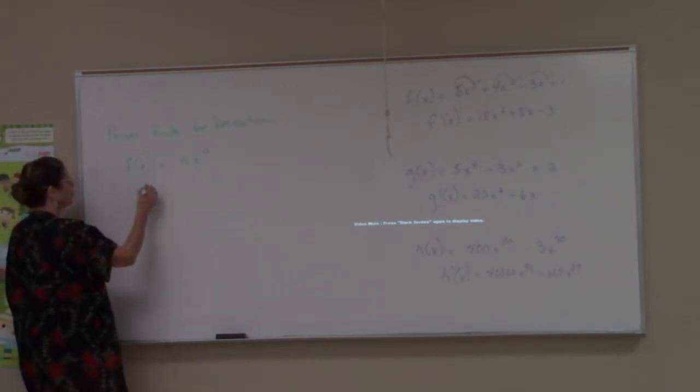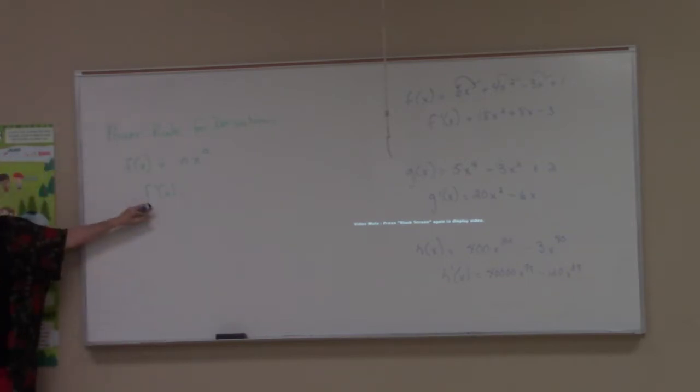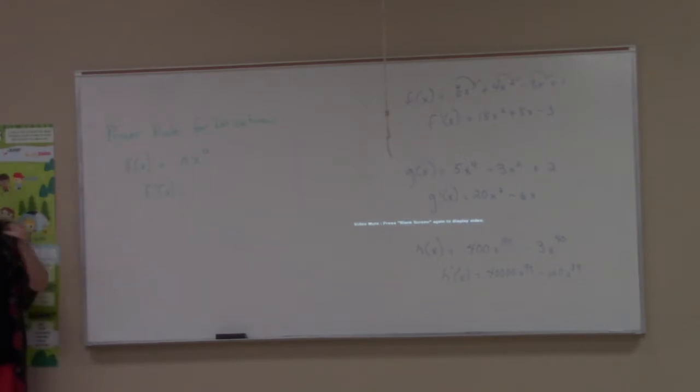Okay, so one thing, Joanna, that you weren't here for is this is how you write derivative. So instead of me writing out the word derivative every time, this is the notation for it. So it's f prime. So whatever the function is, if you have the derivative of it, it's f prime, g prime, whatever that is, okay?